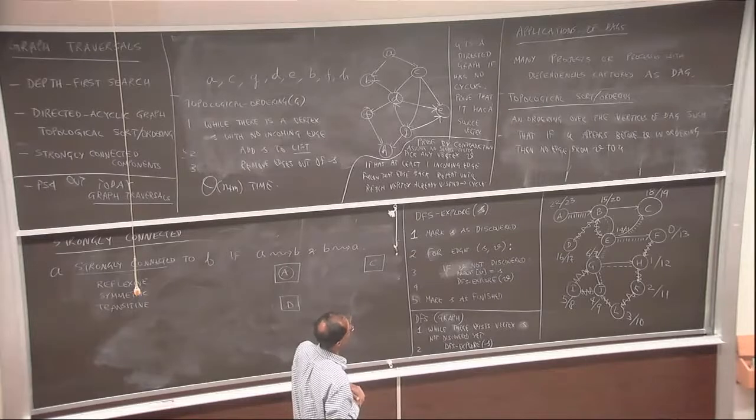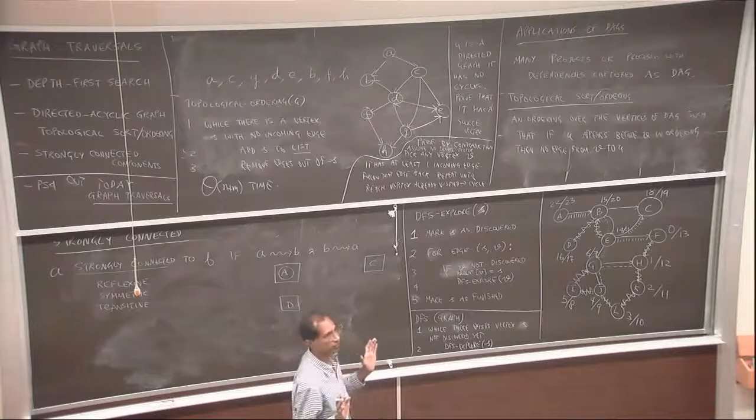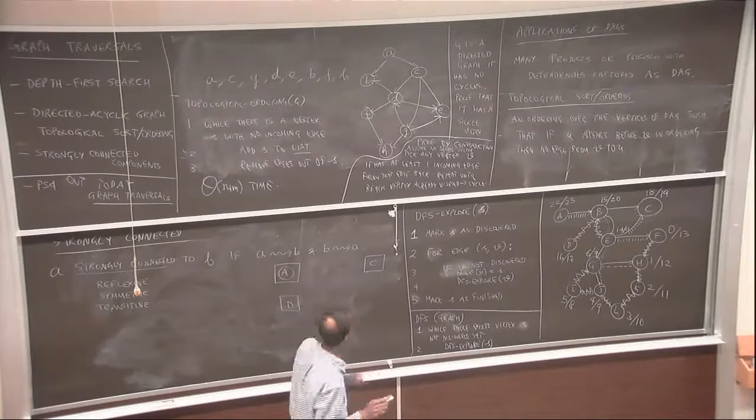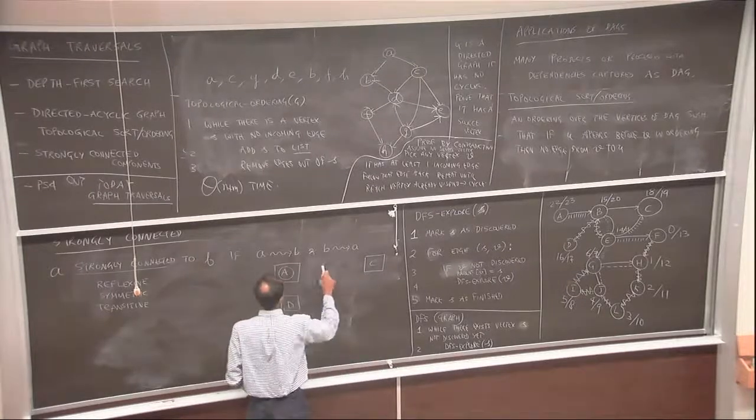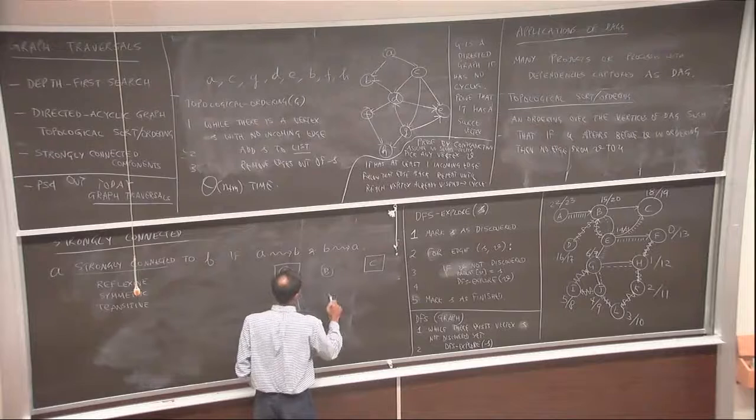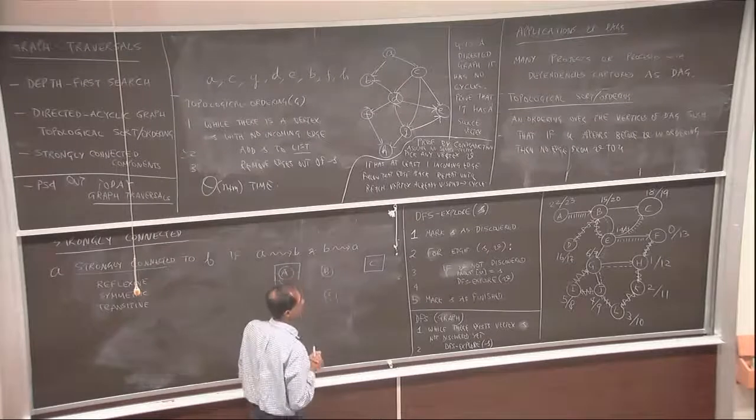Now E and B are connected to each other. Certainly B and E are in the same strongly connected component. Everybody agrees. So B and E. Anybody else with B and E?